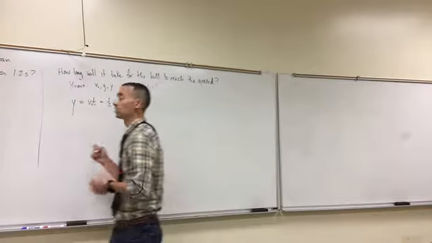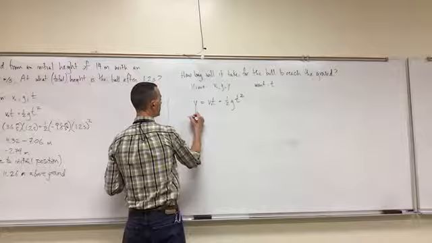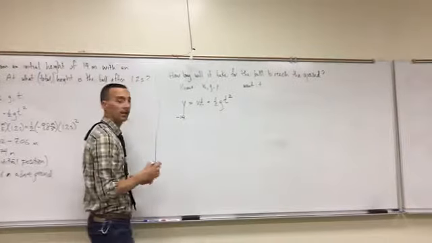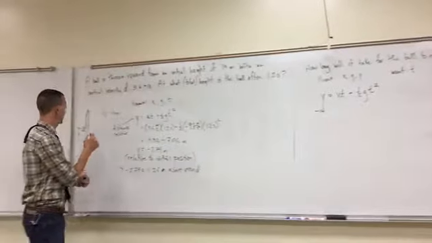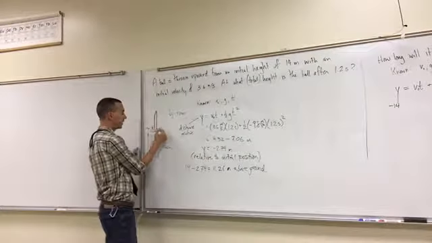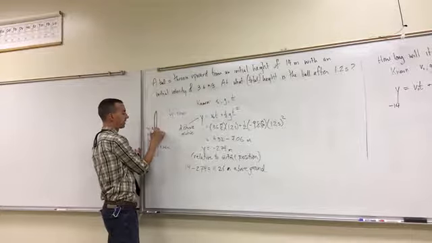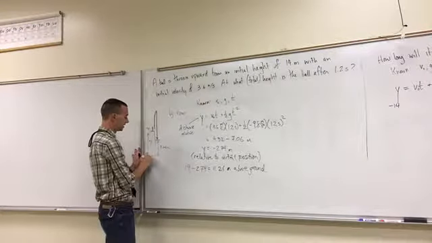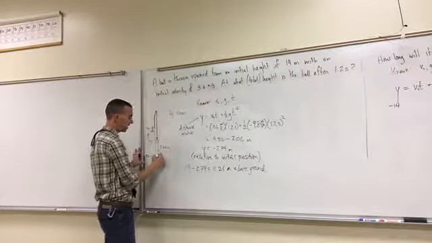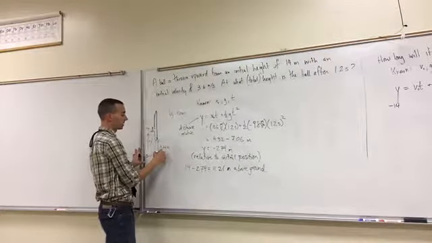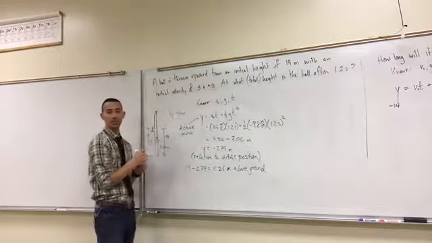So how are we going to get to that? So the y is negative 14, right? Because relative to where we started, if we define this as 0, the ball has come down 14 meters from its original position.